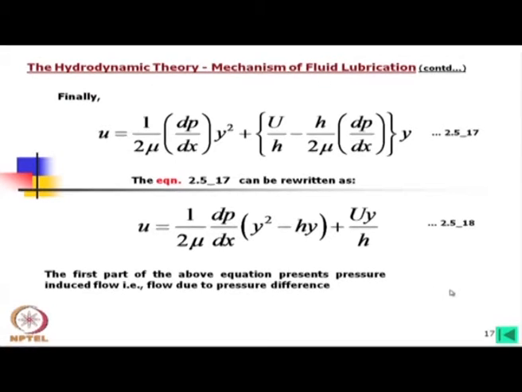Now look into this equation: the first part of the above equation represents pressure induced flow. Clearly this is a pressure induced flow, so this will only exist if there is a pressure difference, and the second part is the drag flow.